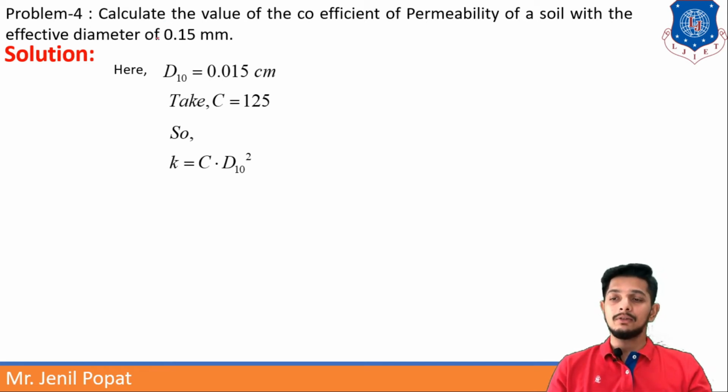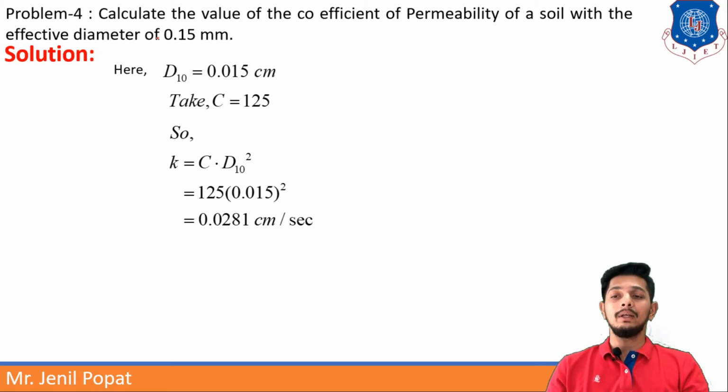And D10 is given, so I can find out K easily, and putting C as 125 and D10 as 0.015, K value is coming out as 0.0281 centimeter per second. So that's it for this problem. These type of problem can be asked in exams for smaller problems.